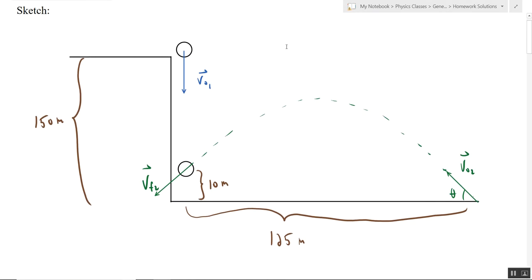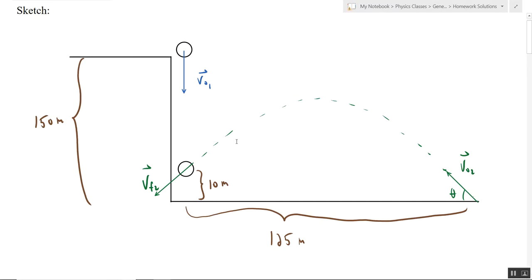Okay, so the idea is you're dropping, or not dropping, you're throwing a ball down from the top of a building, I should say, it's 150 meters high, and you're over here and you're firing a projectile at some velocity and some angle, and you want this projectile to hit this ball when it's 10 meters above the ground, and this projectile is 125 meters away horizontally from this ball at the base of the building. All right, so the question is, how on earth do we do this?